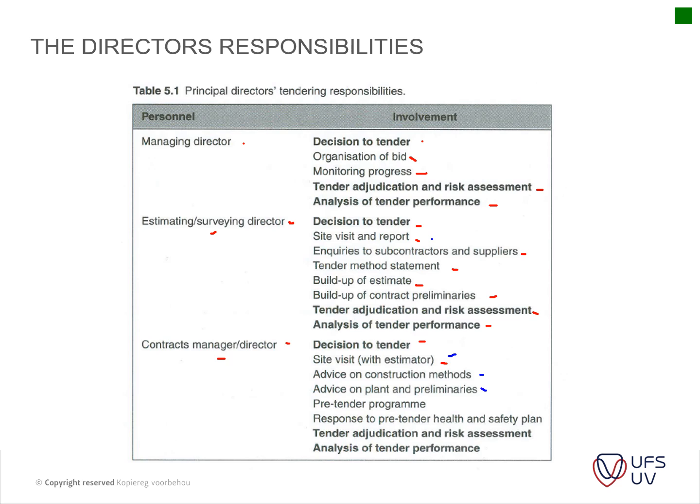Advice on plant and material and pre-tender program, response to pre-tender health and safety plan. Okay, so he looks at all of these items, the technical items of the site. And so he does give a lot of information to the estimator. Okay, then again, he looks at the tender adjudication and risk assessment and does an analysis on the tender performance.